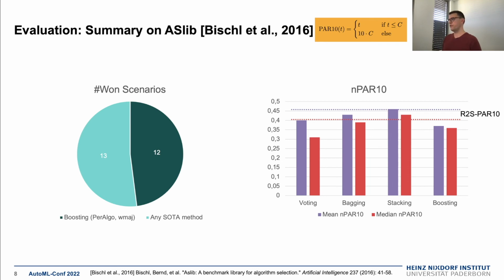And we also have a look here at the right at the normalized par10 score again of different ensemble approaches, namely the strongest configuration for each of the ensemble approaches, once again versus the baseline, once again denoted as the dashed line. And also here we can once again see that except for stacking, we actually improve beyond this strong baseline, which once again is a really strong result.